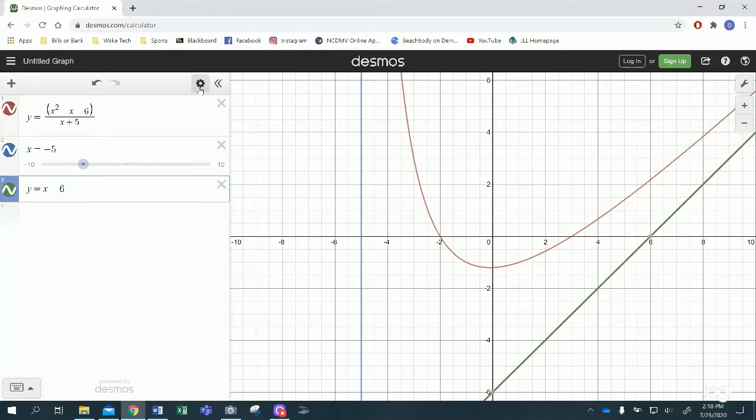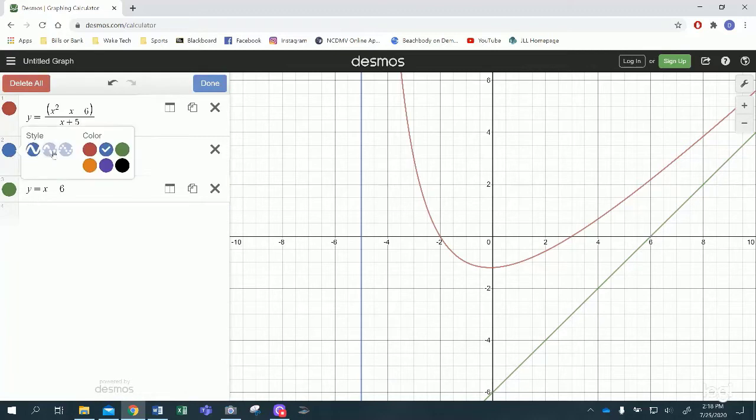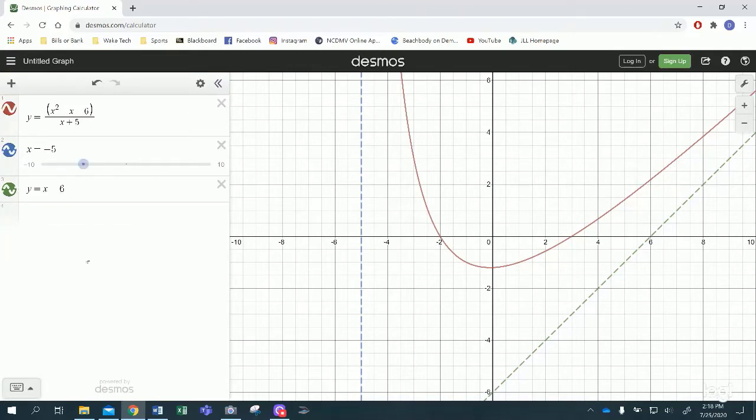Alright, and let's make those dashed. And we have our y-intercept. There it is, 0, negative 1.2. And we have our x-intercepts, 3, 0, and negative 2, 0.